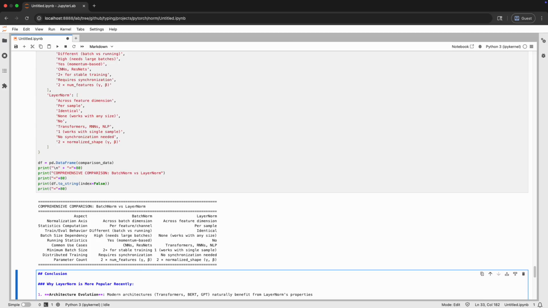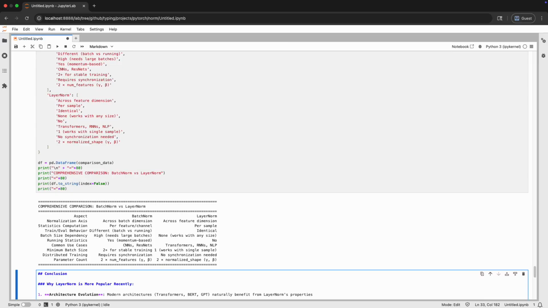Let's conclude with why LayerNorm has become more popular recently. The architecture evolution toward transformers naturally benefits from LayerNorm's properties. Training flexibility is enhanced as it works with any batch size without careful tuning. Inference advantages include single sample processing without special handling. Distributed training is simplified with no cross-GPU synchronization required.